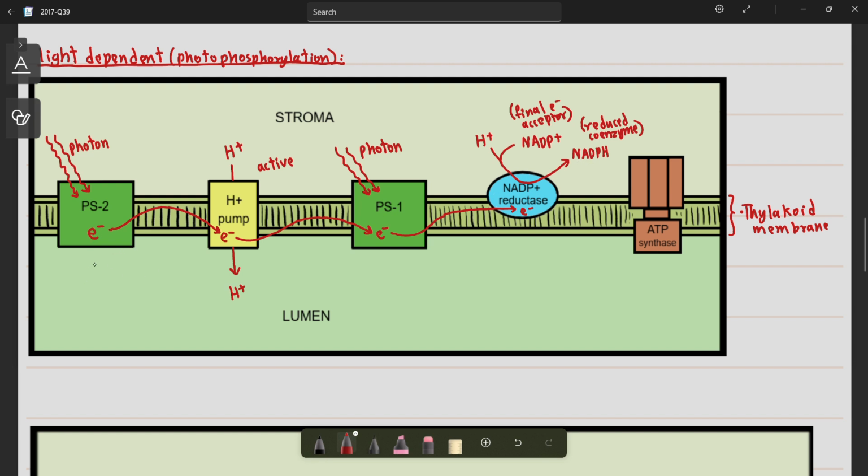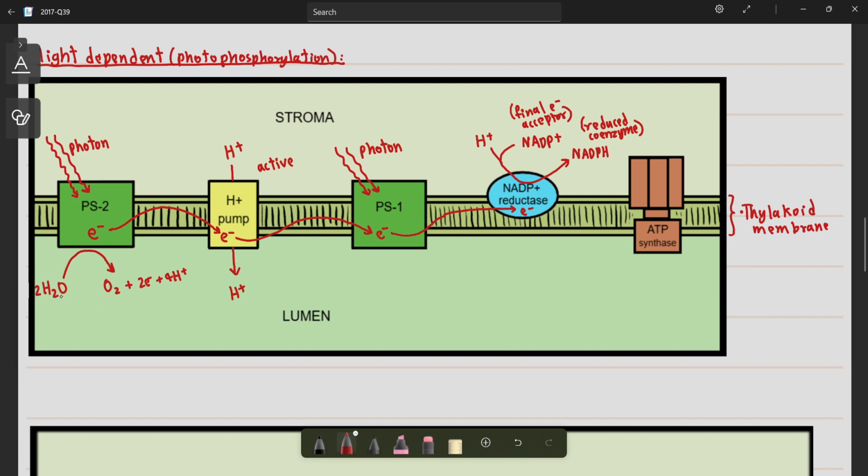To replace this lost electron, photosystem 2 utilizes the photon to carry out the most important reaction, which we call photolysis. The water here, which is the main reactant, is split into oxygen, two electrons and four protons. I'm going to have to balance the equation.